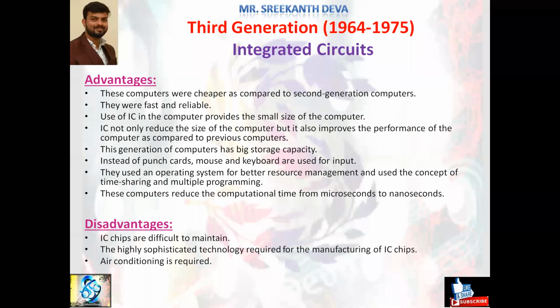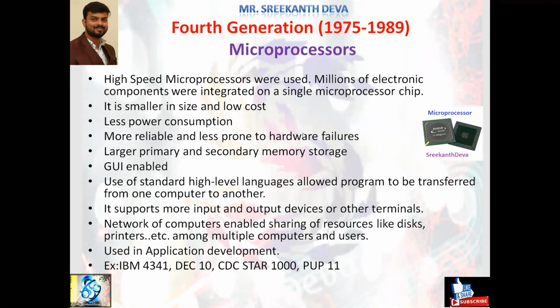Highly sophisticated technology is required for manufacturing IC chips, and air conditioning is still required. These are some drawbacks and disadvantages of third generation computers. To overcome these problems, they introduced fourth generation computers. In the fourth generation computers, what is used?